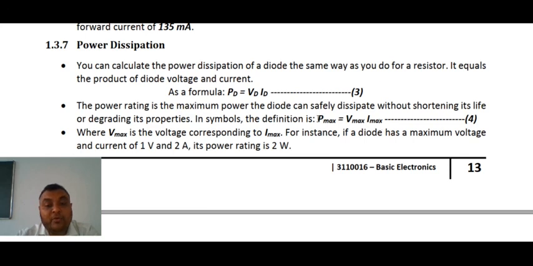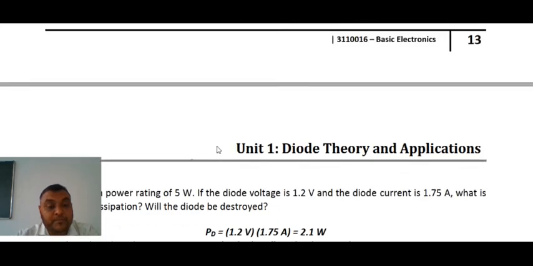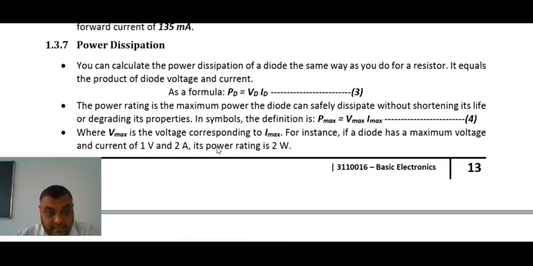Okay, this will also be given to you as a rating, that is the maximum power, Vmax times Imax, that it can handle safely. Where Vmax is the voltage corresponding to Imax. For example, if a diode has a maximum voltage and current of 1 volt and 2 ampere, its power rating is 2 watt. So in this way you can also consider power dissipation.